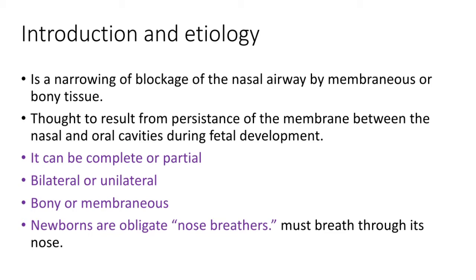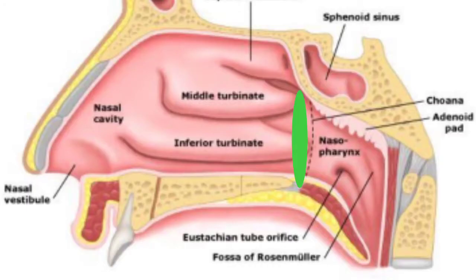Let's briefly visit the anatomy of the nasal cavity. The choana is a space in the posterior nasal aperture. These are two openings found at the back of the nasal passage between the nasal cavity and the throat.